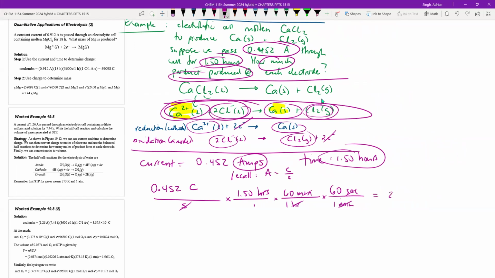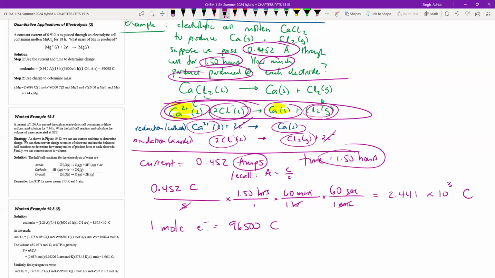That gives 2.441 times 10 to the 3 coulombs. And 1 mole of electrons is 96,500 coulombs, that's Faraday's constant.